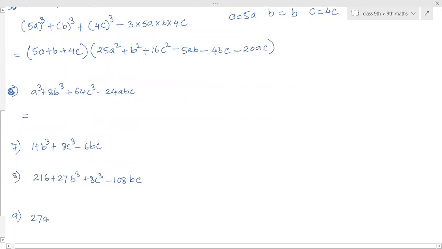Ma'am, the answer is A plus 2B plus 4C into A square plus 4B square plus 16 C square minus 4AB. It's not 2AB, it's only AB.